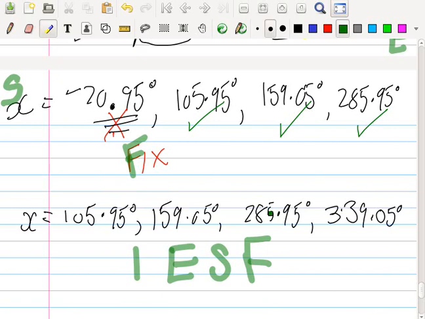Now, I'm going to do an example from number 2, which is much more difficult. I tell you what, I'll do number 2, 2A, okay?